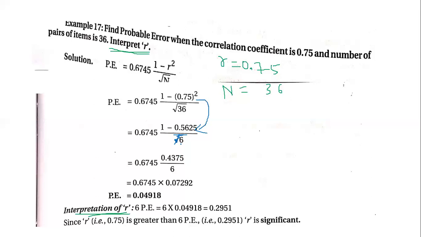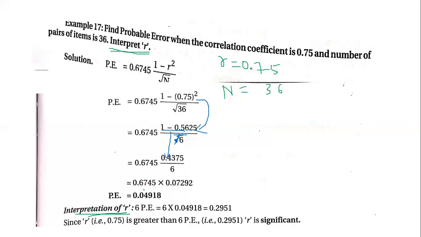There are quite a lot of mistakes in the textbook. So square root of 36 is 6 directly. Next step, 0.6745 into the value here, 1 minus 0.5625, which gives 0.4375. I'm just subtracting these two values. So I will get 0.4375 divided by 6.